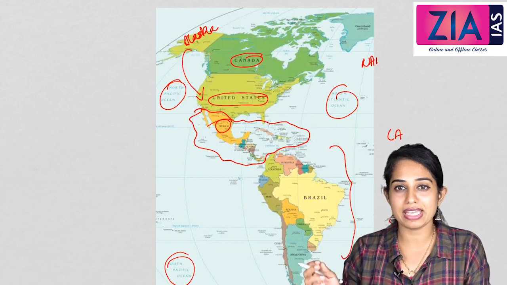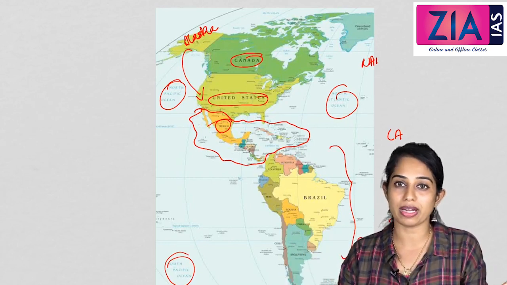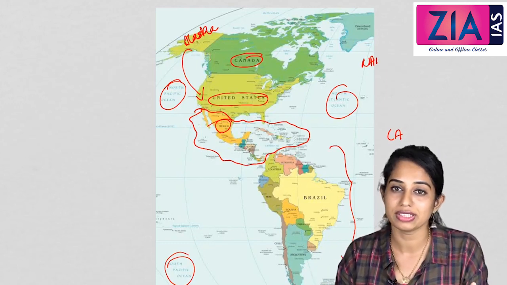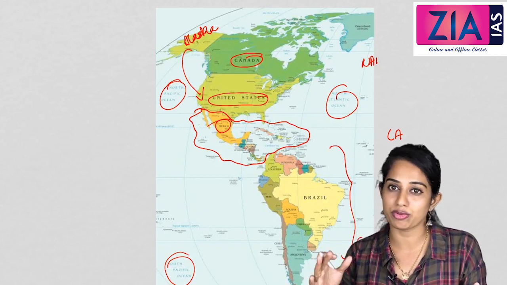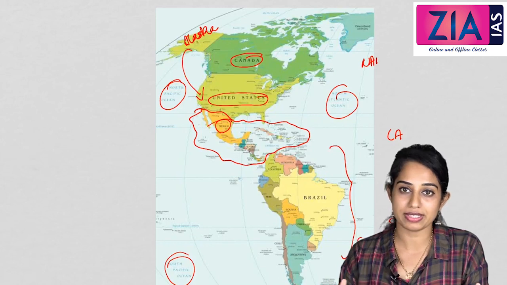And we can see a major land piece there which is called Greenland. Even though physically it is attached to this land, Greenland is not part of America, it is part of Europe. We will come to that later. So this is almost like the political divisions of the American subcontinent.